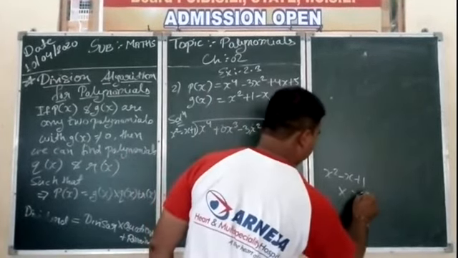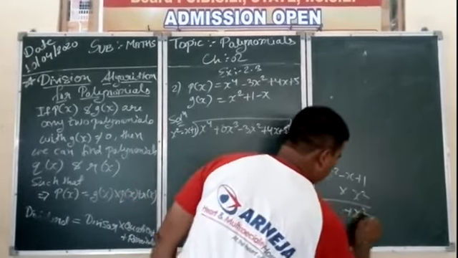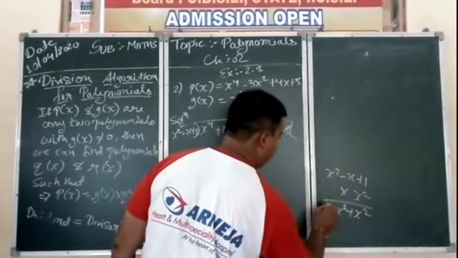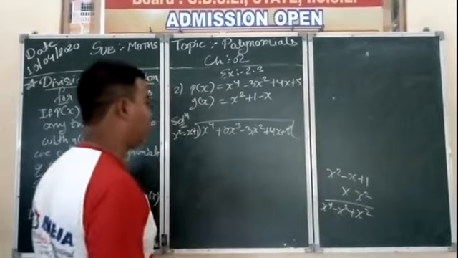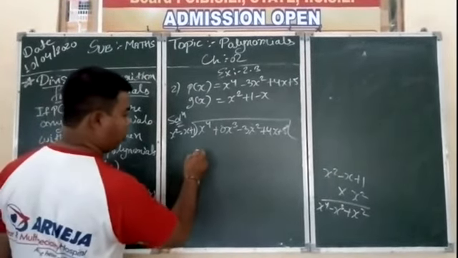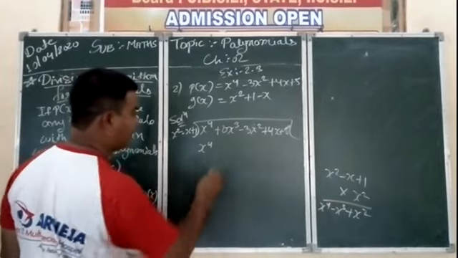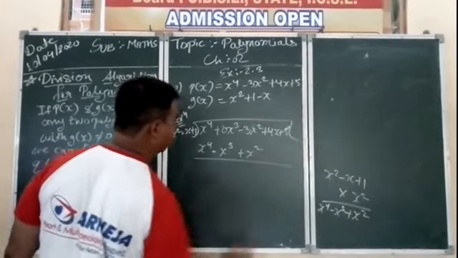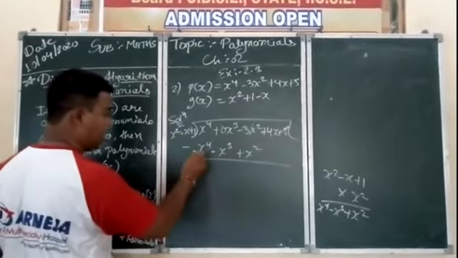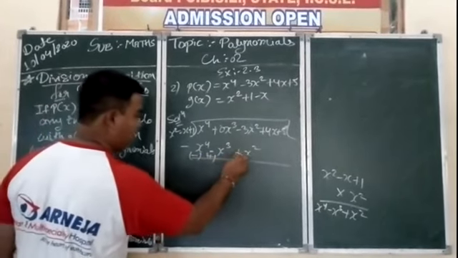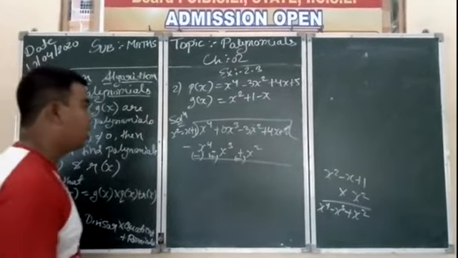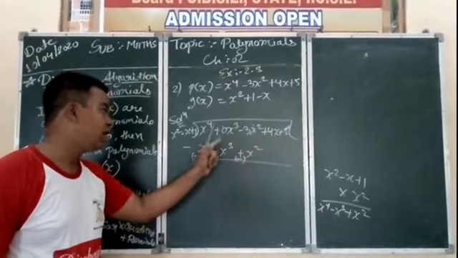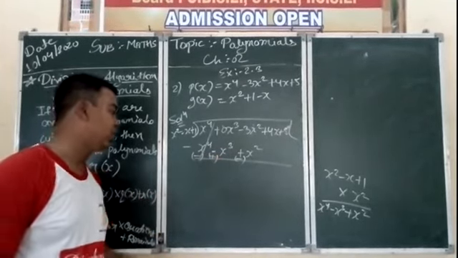We multiply by x square. So x to the power 4 minus x cube plus x square. The sign will change, plus into minus, minus into plus. Now x to the power 4 cancels. 0x cube and plus 1x cube, so the answer is x cube.